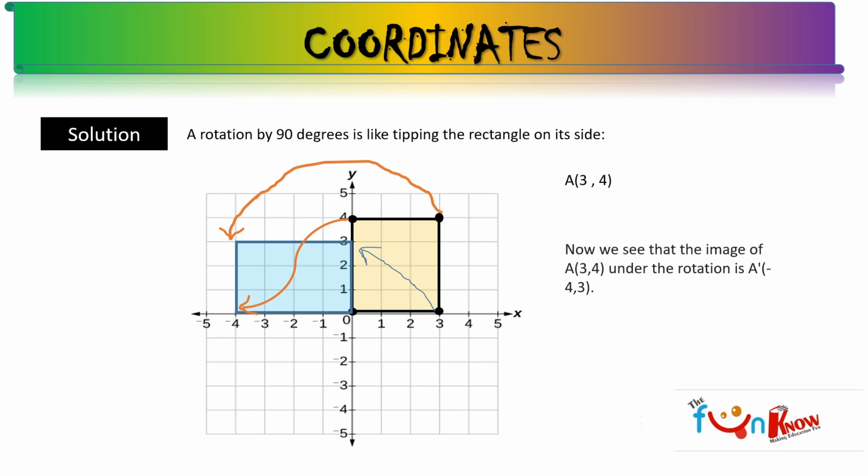So positions are swapped and y becomes negative, and this is how the 90-degree rotation works. I hope you all understand how things work in rotation. Now see this image, you can see A (3, 4) under rotation of 90 degrees, and now the new point A dash becomes (-4, 3).